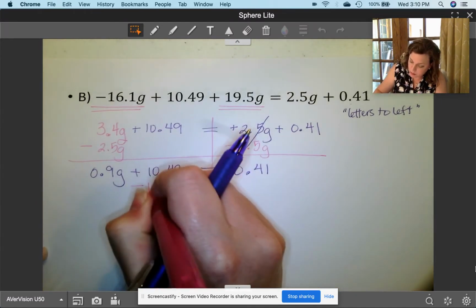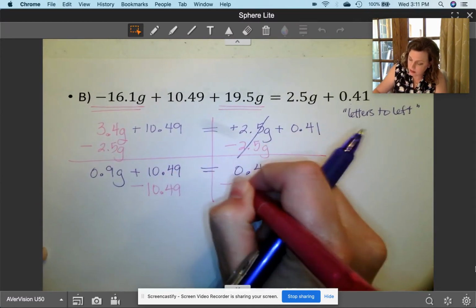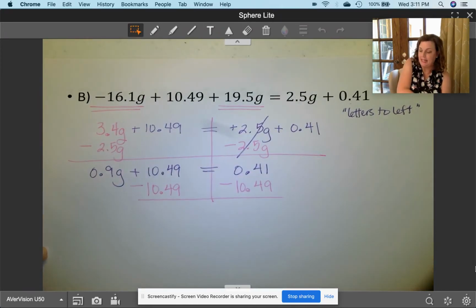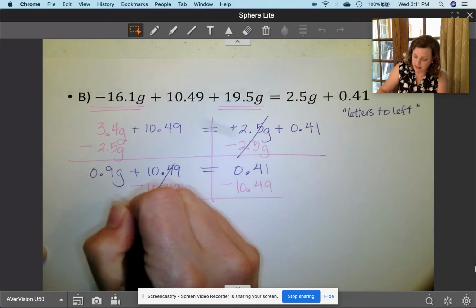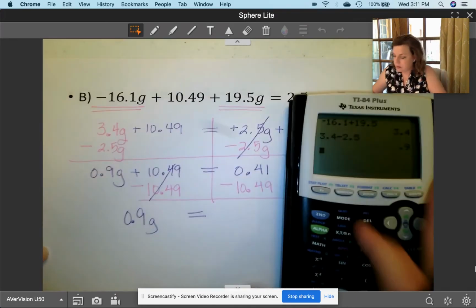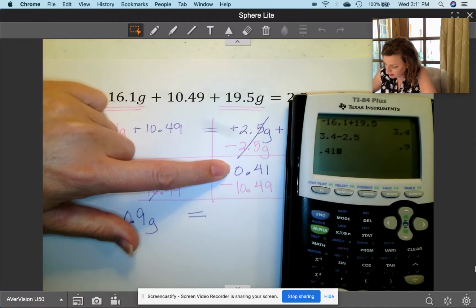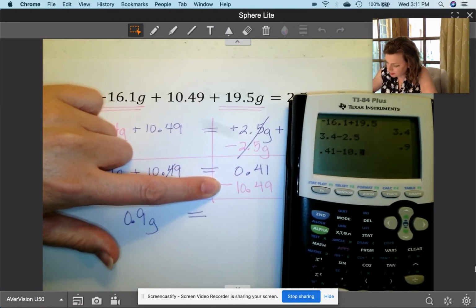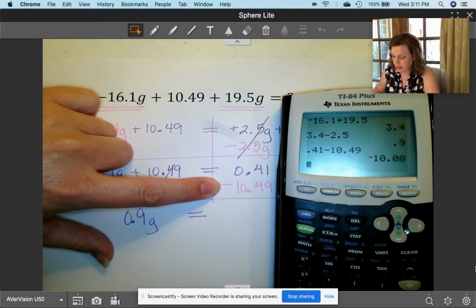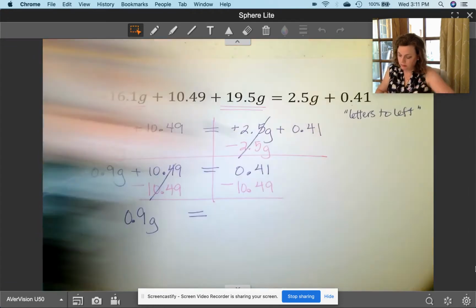I'm going to subtract 10.49 from both sides. And again, these cancel out. That's nice. I hate decimals. So 0.41 subtract 10.49. And I get negative 10.08.